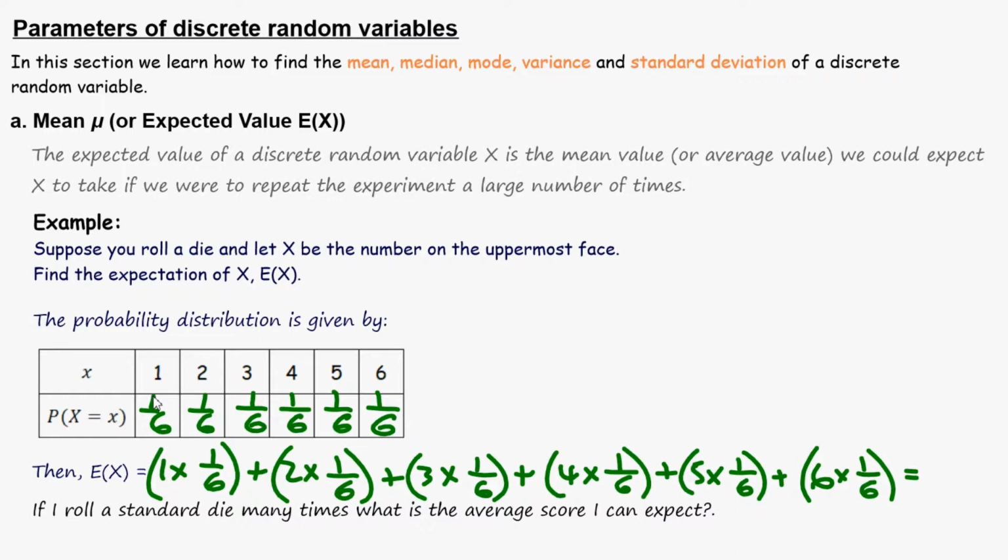If you work that out, you'll end up with 3.5. Which means that if I roll a standard die several times, the average score that I expect to get is 3.5.